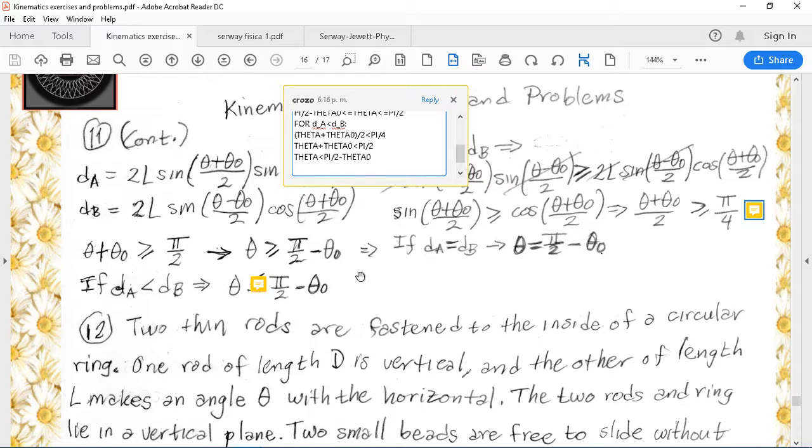I suggest that you, the viewer, verify this using a calculator and assuming several values for theta 0 and theta.